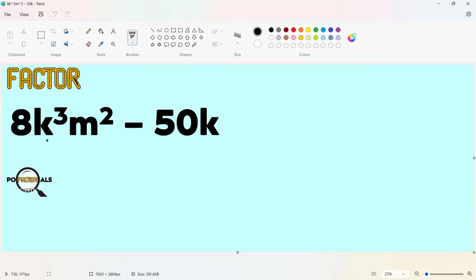For the first term, k cubed, it might be a perfect cube, but m squared is not. M squared might be a perfect square, but k cubed has a portion, but the entirety is not. And k is neither a perfect cube nor a perfect square. This would mean we cannot proceed with the factoring of this.